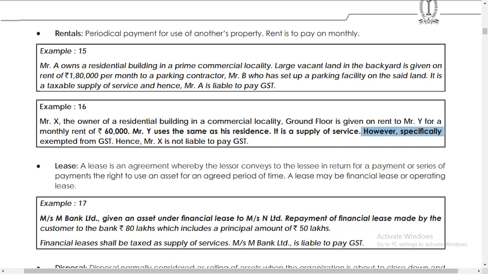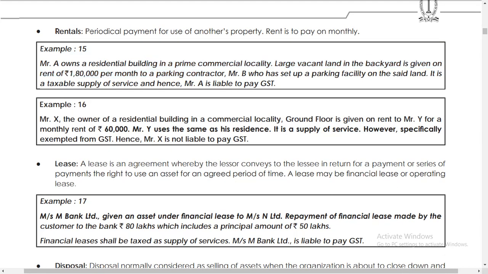It is specifically exempted from GST. Hence, Mr. X is not liable to pay GST. If it is a commercial purpose, as in example 15, you have to pay GST. And if it is a residential purpose, meaning residential dwelling, you need not pay GST, because it is specially exempted from supply.